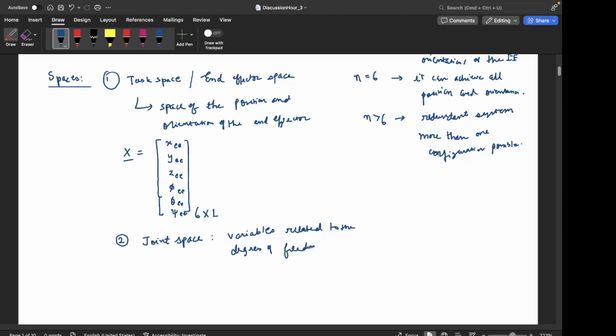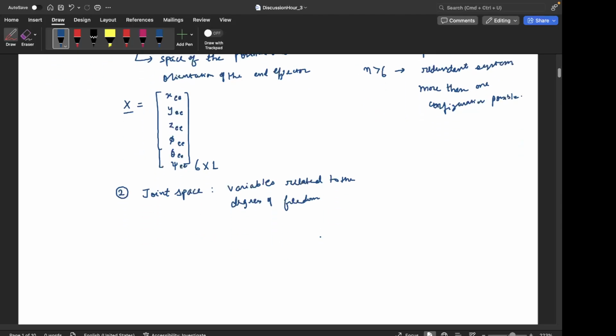Degrees of freedom are the joints, so what values each of those joint variables are taking makes up the joint space, right?